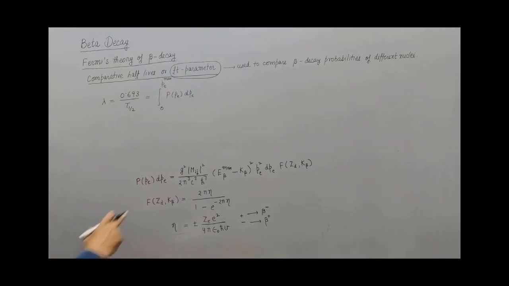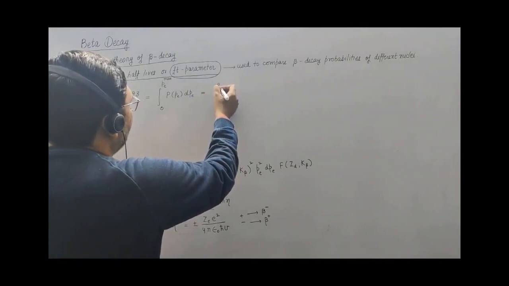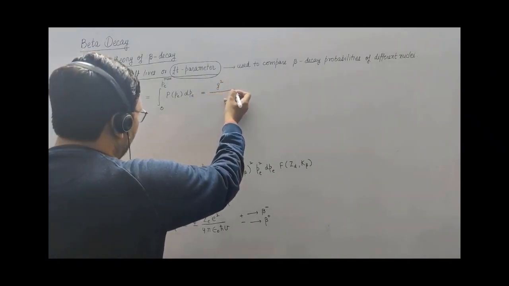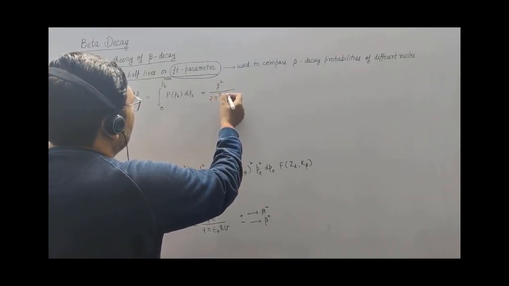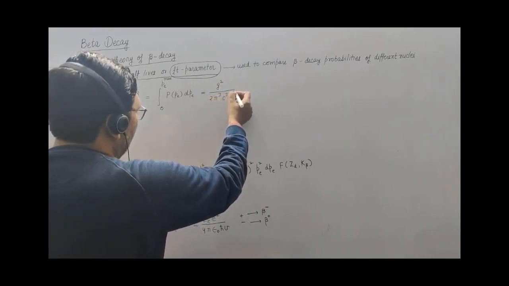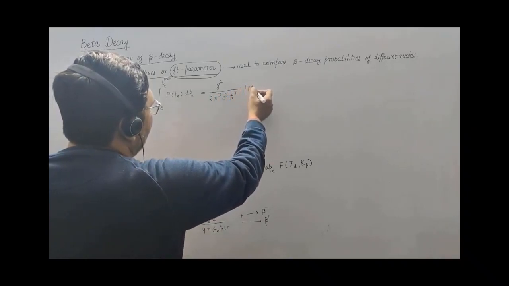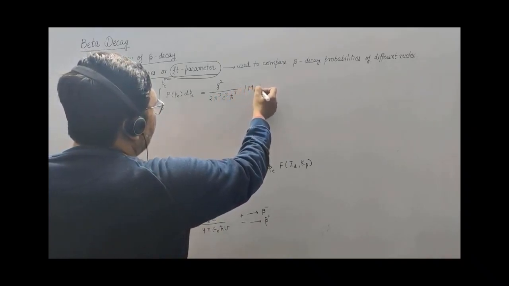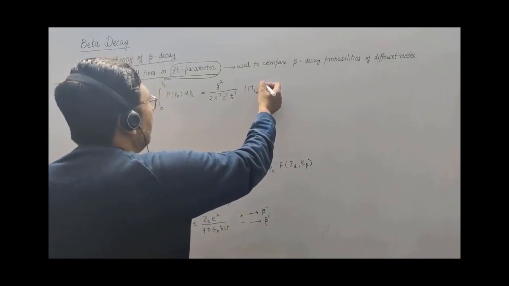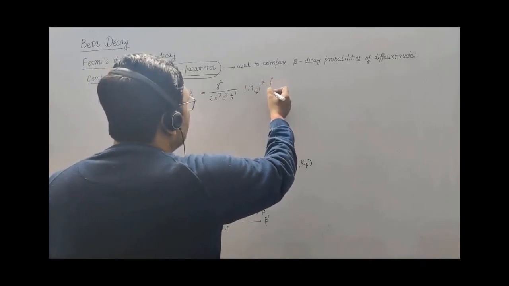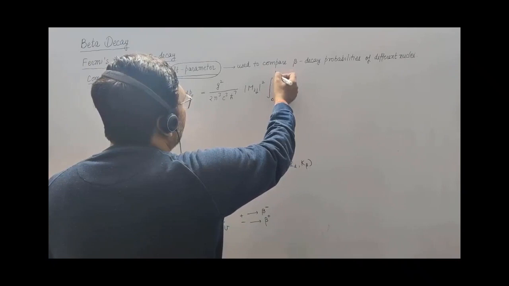So integrate this. On integrating this, what you are going to find on this side will be G square divided by 2 pi cube C cube H cross to the power 7, times the matrix element of interaction squared, integration 0 to PE maximum.